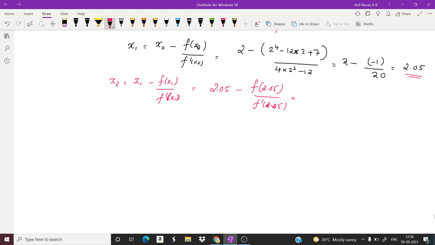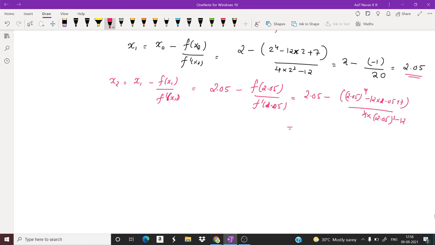Anybody? Just put the value here. 2.05 minus 2.05 all raised to 4 minus 12 into 2.05 plus 7 divided by 4 into 2.05 all cube minus 12.